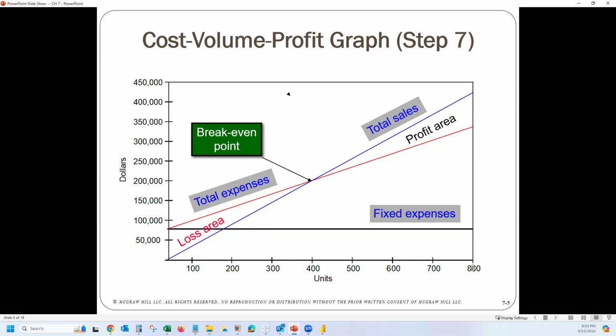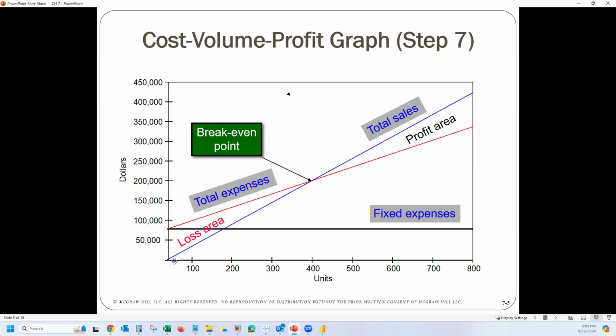If beyond 800 units the company will need to expand their capacity, then the assumption for cost-volume-profit analysis is violated. In that situation, we can't use the cost-volume-profit analysis, given that the fixed cost is not constant. So in this case of our forecast, we believe that the fixed cost won't change so long as we are producing between 100 and 800 units.